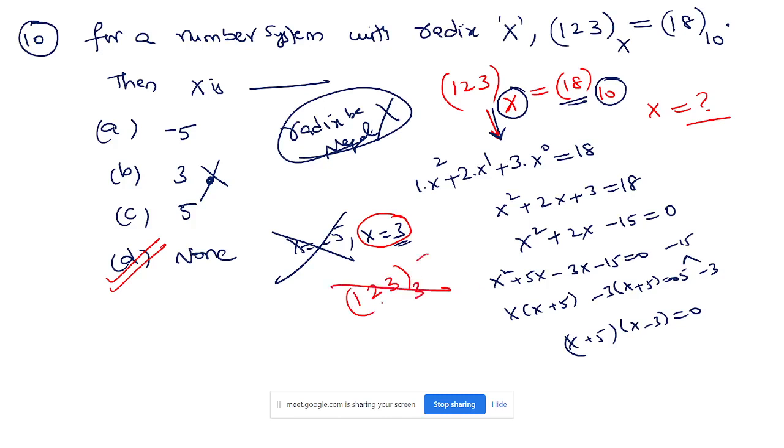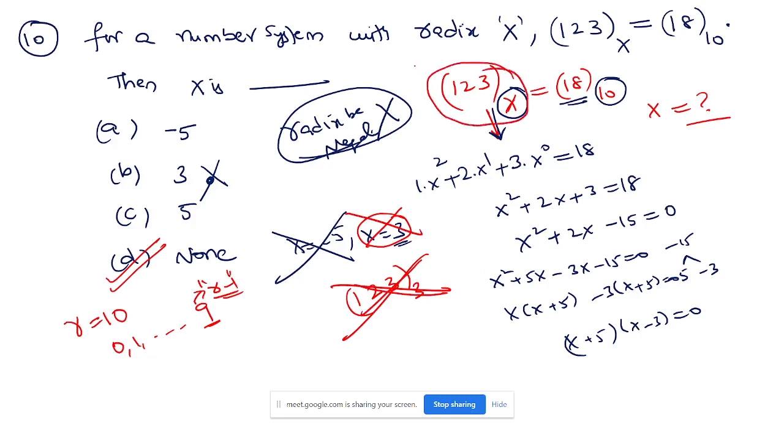Does this exist? No. If you take the decimal number system where radix is 10, what is the maximum digit? 0, 1, 2, and so on up to 9, right? We already discussed the maximum digit is r minus 1. So 1, 2, 3 base 3 doesn't exist. So obviously this number system doesn't exist. So the answer is none.